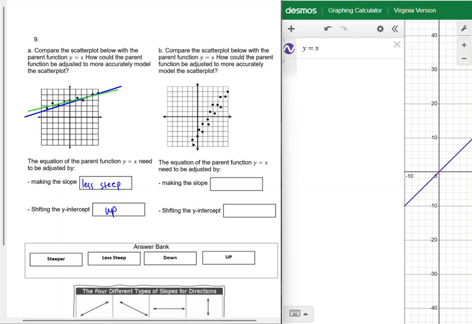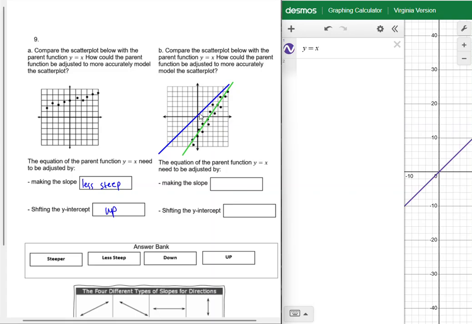Let me go ahead and compare the two. My y equals x is just going from corner to corner like this. And then my line of best fit, let me make it look like this. What this question is asking is, how can I adjust this equation to make it look like the green one?